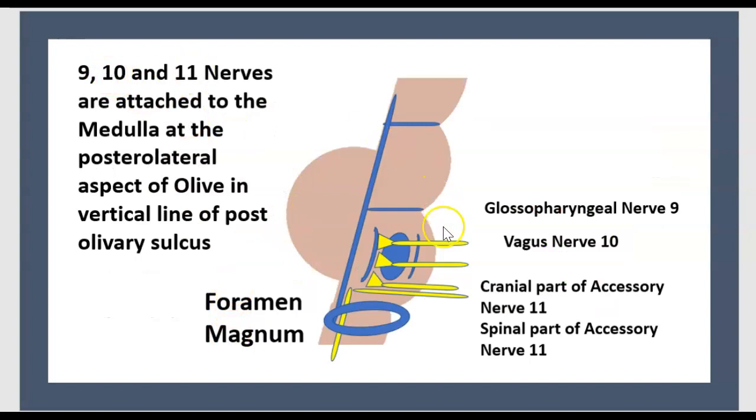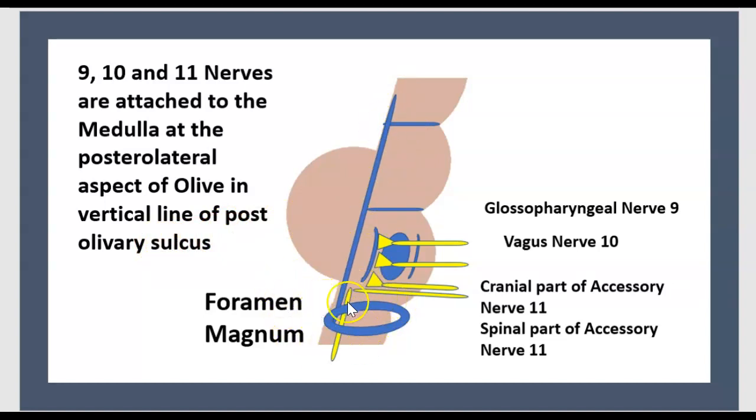Nerves 9, 10, 11 are attached to the medulla at the posterior lateral aspect of the olive, in the vertical line of the posterior olivary sulcus.